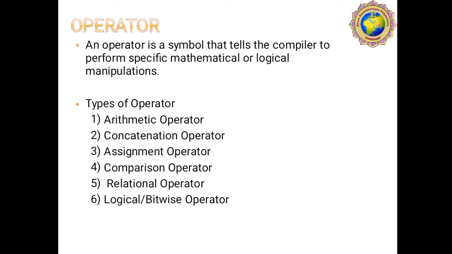So what is an operator, and which types of operators are used in VB.NET programming? An operator is a symbol that tells the compiler to perform a specific mathematical or logical manipulation. Once again, what is an operator?